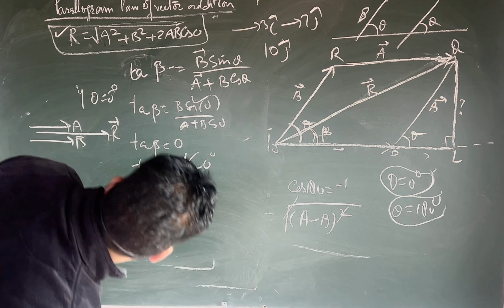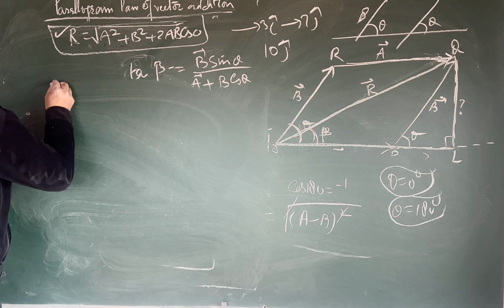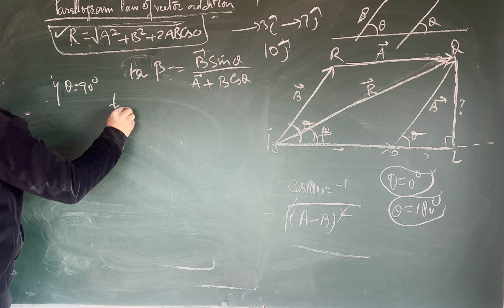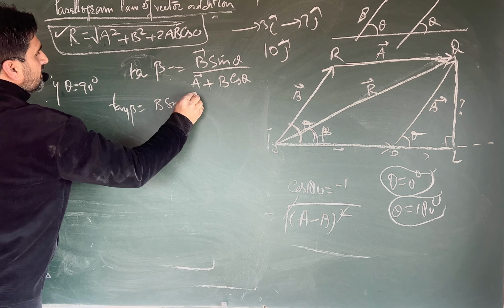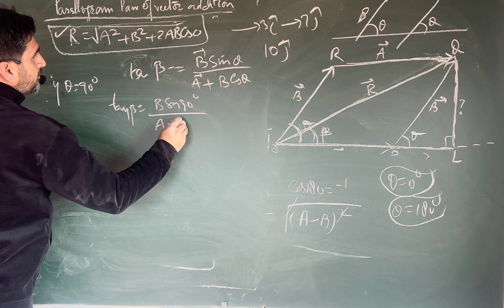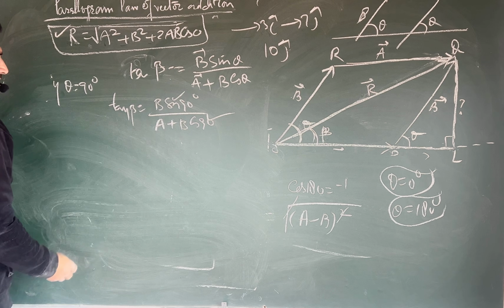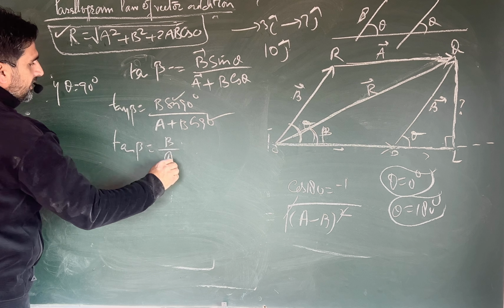Now second case, if theta is 90 degree, what will happen? If theta is 90 degree, then tan beta will be equal to, simply substitute, b sine 90 divided by a plus b cos 90. b cos 90 is 0, sin 90 is 1. You get tan beta is equal to b divided by a.